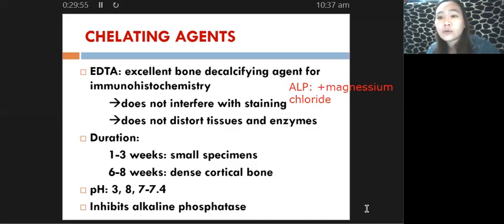Okay, so with that, you have to change the solution. Changing of the solution is required for the decalcification process. So in the case of EDTA, during the first stages of decalcification, you have to change your EDTA solution every 3 days.